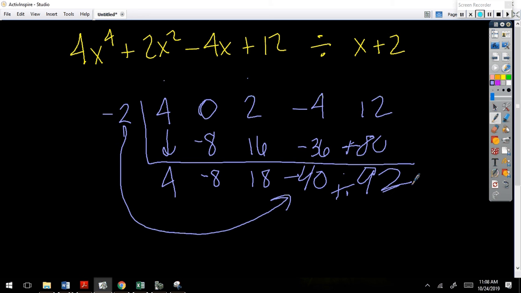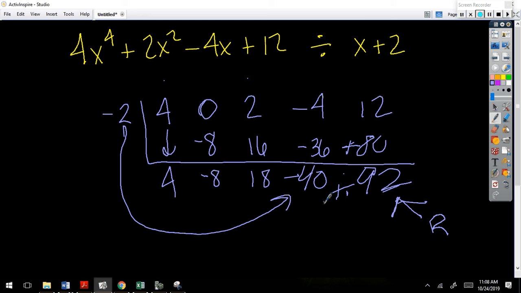This is hard. Okay, so interpret your answer. So the remainder is 92. Constant is negative 40. Then 18x, negative 8x squared. How do you write it? 4x to the third. Okay, so this is the remainder. This is like really hard to write.